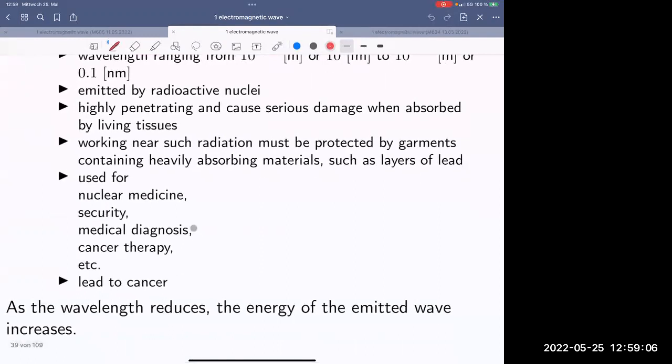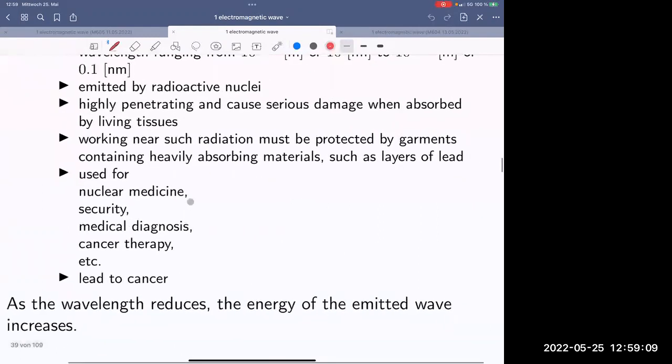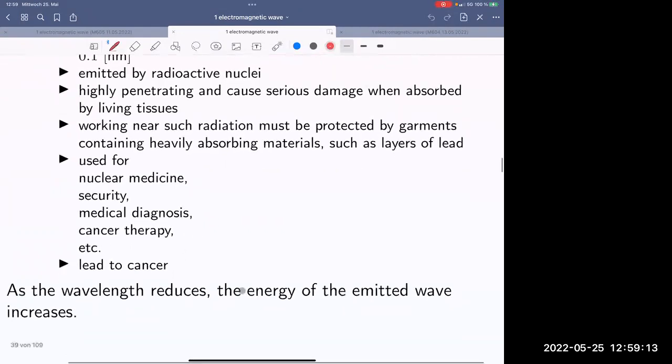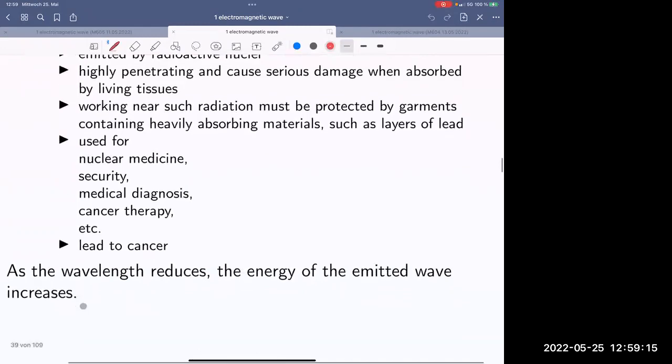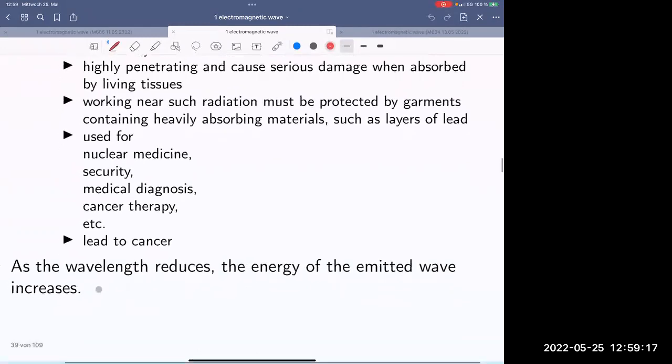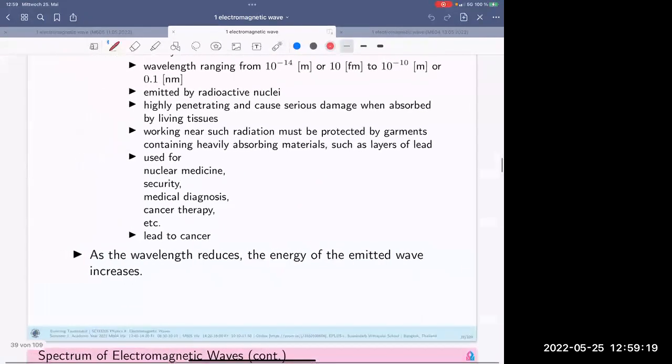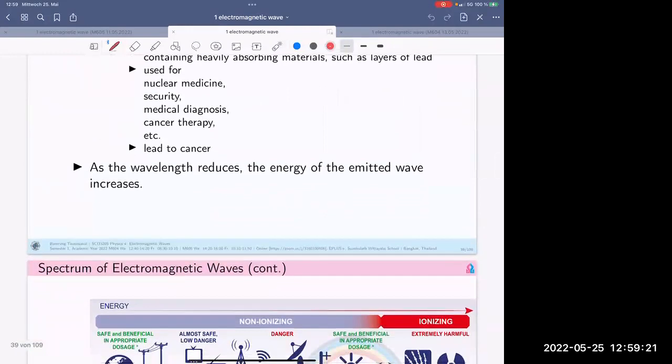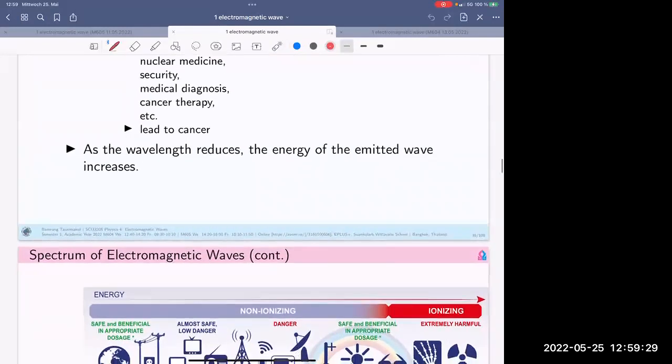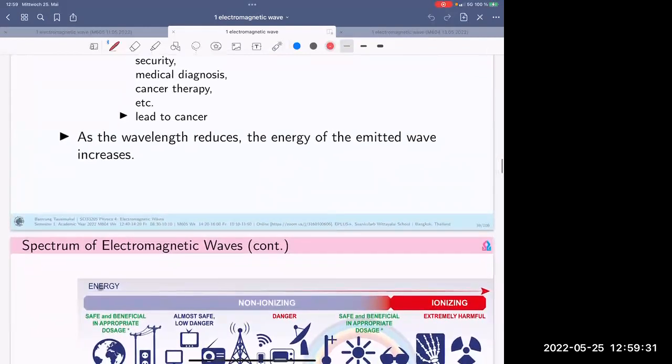As the wavelength reduces, as you can see before, the energy of the emitted wave increases. When the frequency band is higher, you get a higher amount of energy. And if you go to chapter 6, there is a formula which is called Planck constant.